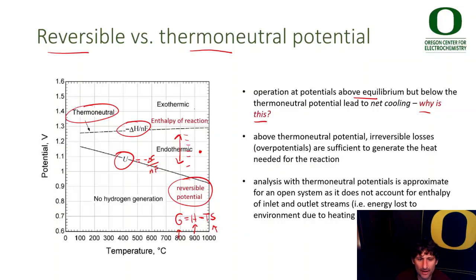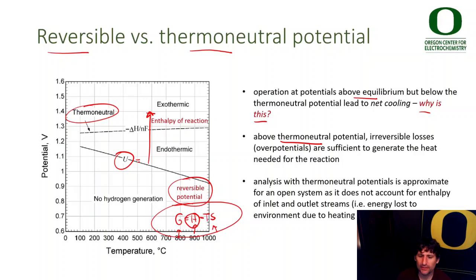Now, if you go above the thermoneutral potential, if you drive the reaction such that your overpotentials take you higher than the thermoneutral potential, then you are generating enough waste heat from driving all those overpotentials such that the heat generated by those overpotentials is enough to provide the heat needed for the reaction.